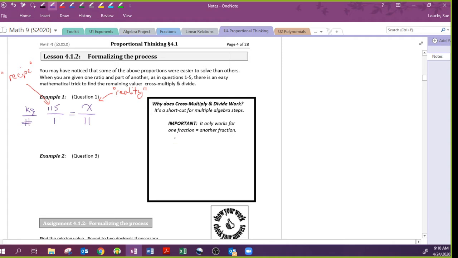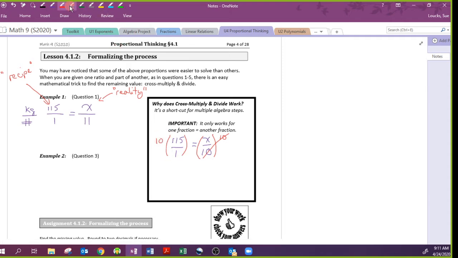So I have 115 over 1 equals x over 10. And I ask myself, what's bothering the variable? Well, it's that 10. So I'm going to multiply this side by 10, and I'm going to multiply this side by 10.